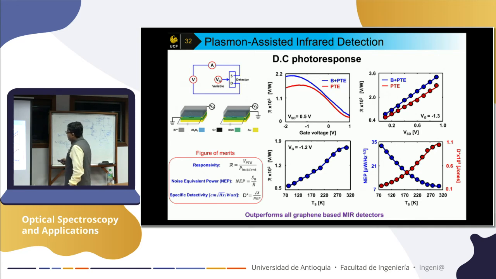Typically an infrared detector should work at 10 to the power 8 to 10 to the power 9 D star. That was the set performance limit. So that's what we wanted to achieve. But I have spoken since my day one, the problem in infrared detectors is that normal mercury cadmium telluride or indium antimonide based detectors need to be cryogenically cooled.